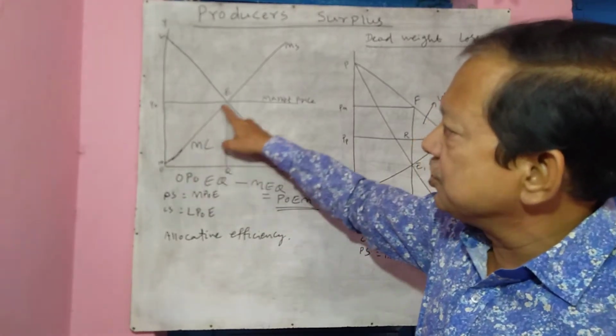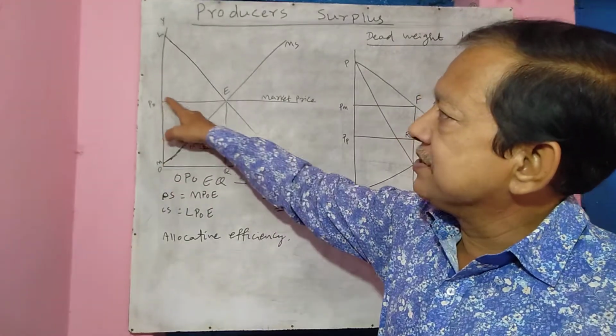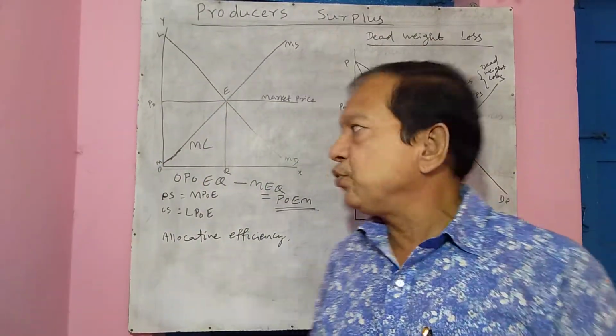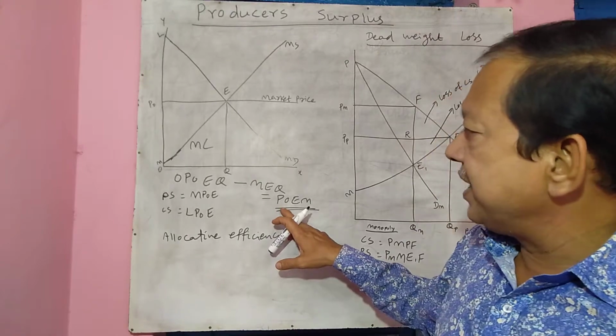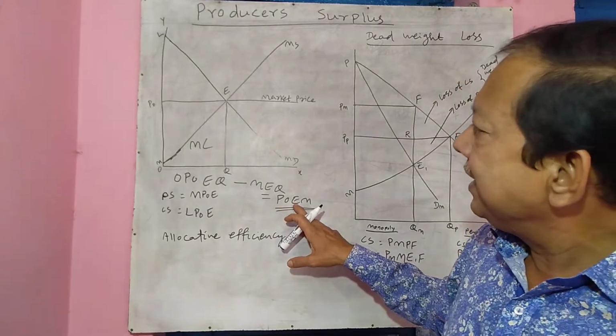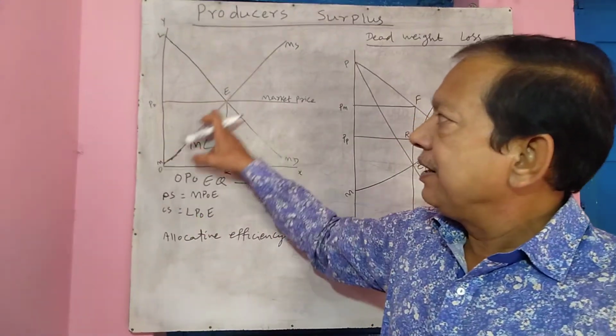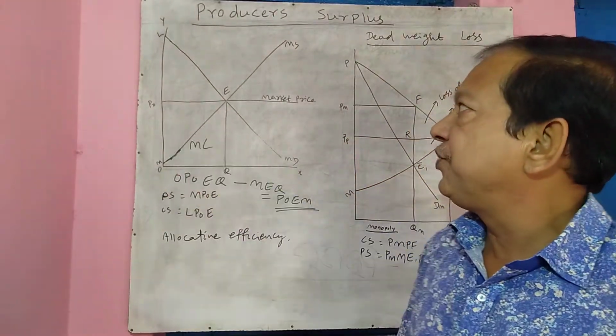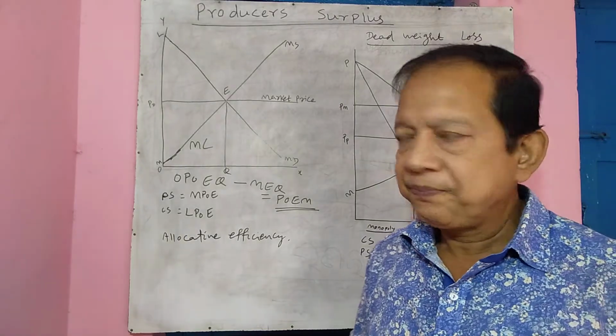The marginal cost is this much, and the producer's extra earning is up to the extent of P0, E and M. This triangle is the extra amount of income which the producer gets. So this is the producer surplus.